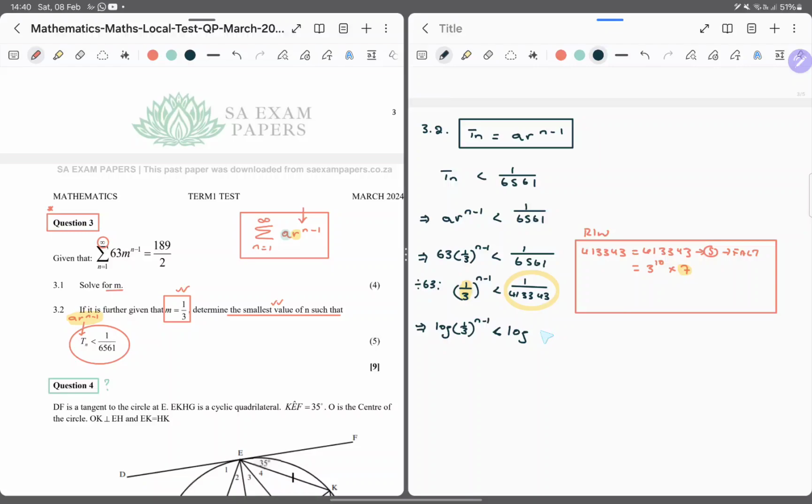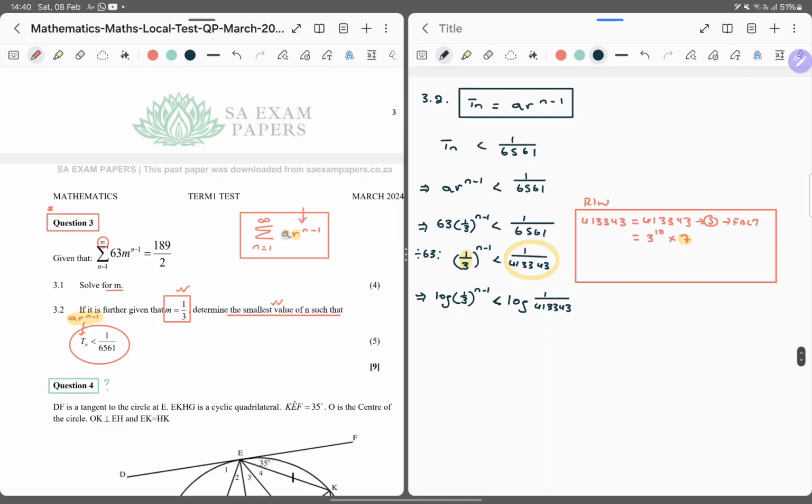Now we introduce a log to this long leggy expression. Now we're going to use essentially logarithmic rules.